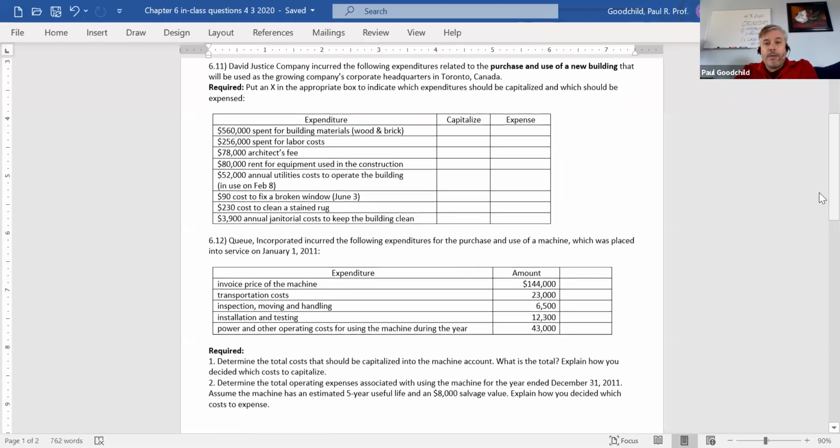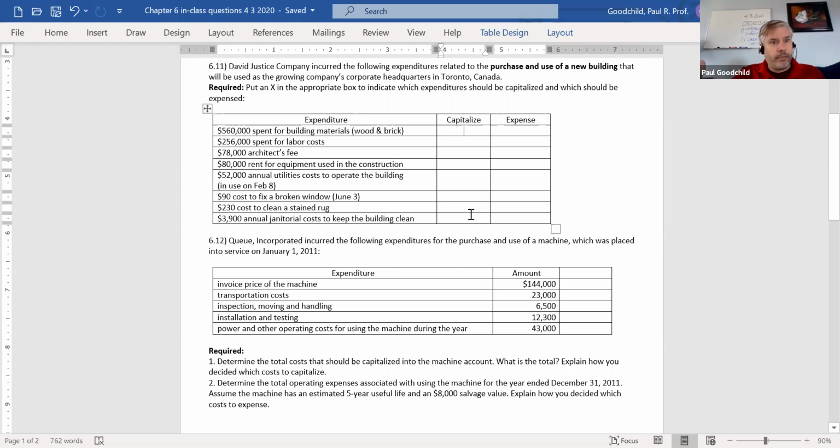Okay, so let's look at number 11. So it's related to the purchase and use of a new building. So this is different than a discussion of adding later, making improvements to an existing structure, remodeling the building. And so, here is just what are we doing when we're setting up the building? And so we don't have to worry as much about materiality here.